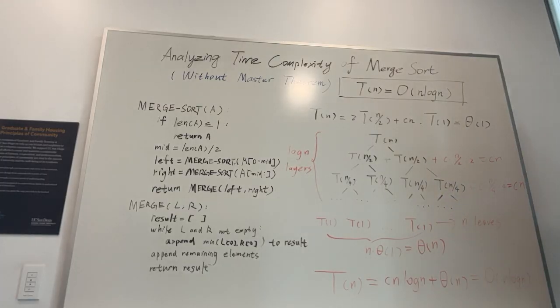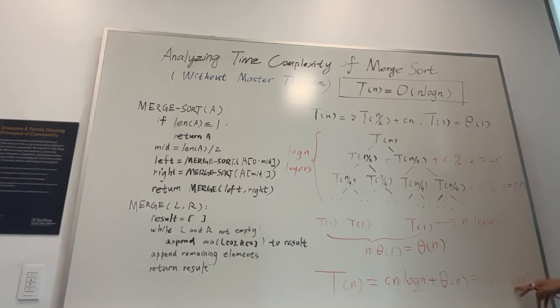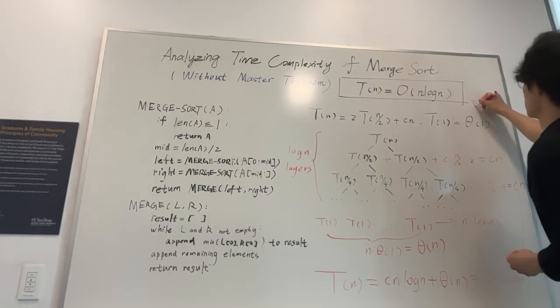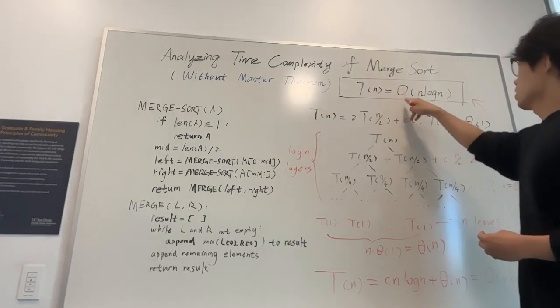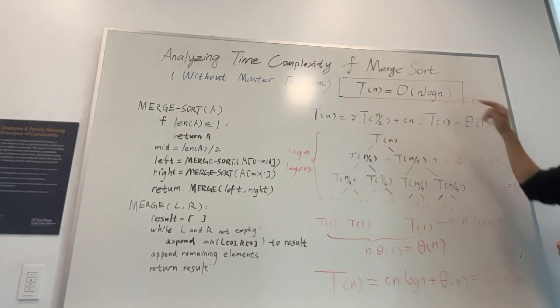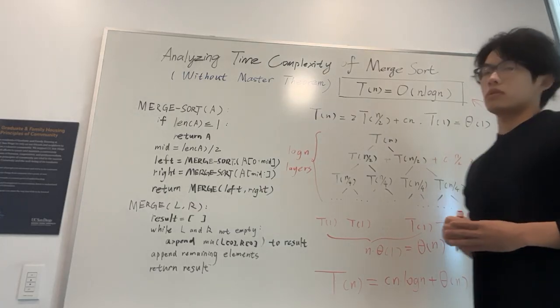So the time complexity here is just big O of n log n. And finally, we have proved that the time complexity of merge sort is big O of n log n. So we did it intuitively without using Master Theorem.